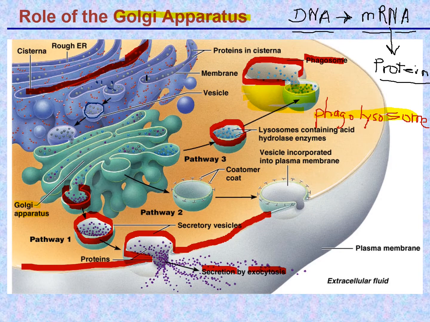That's a very important process because you cannot have release of hydrolytic enzymes free in the cell itself. Otherwise, the proteins, carbohydrates, lipids, and nucleic acids inside the cell would get broken down.